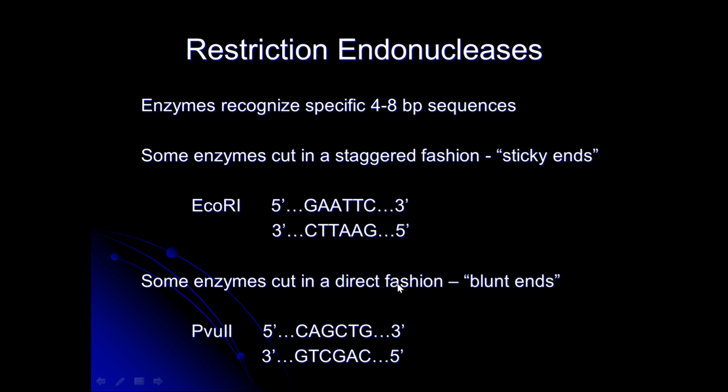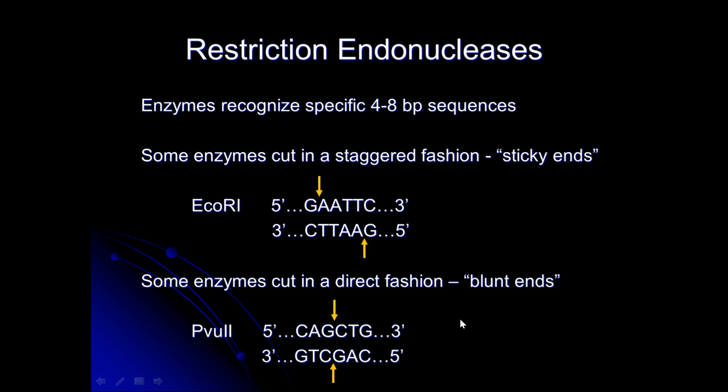Both sequences will be removed. T, G, T, A, C will be removed, and from here also this AC and this TG will be removed. So this is known as a blunt end. Means there is no sticky, no extra base pair is present, right? So this is known as a blunt end.